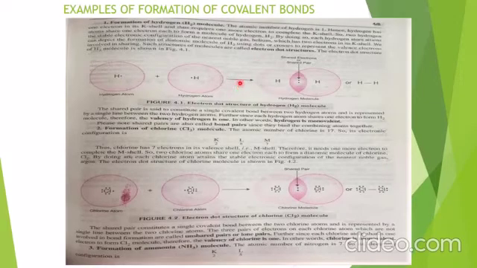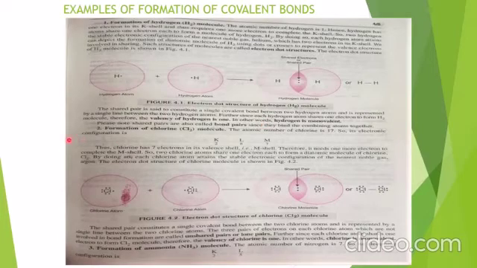So a single pair of electrons is being shared, so the bond formed between 2 hydrogen atoms will be a single bond. Here the shared pair is said to constitute a single covalent bond between 2 hydrogen atoms and is represented by a single line between the 2 hydrogen atoms. Further, since each hydrogen atom shares 1 electron to form the H2 molecule, the valency of hydrogen is 1. In other words, hydrogen is monovalent. Okay.